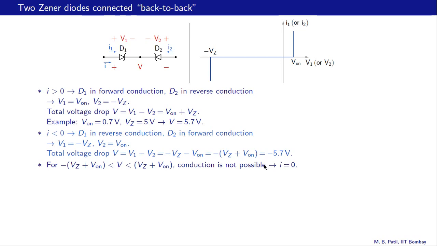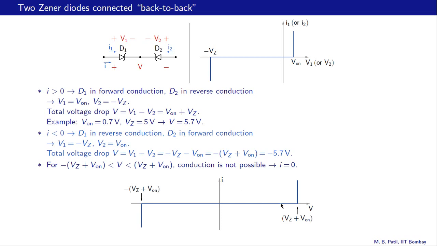And for any voltage between these two limits, that is 5.7 and minus 5.7 volts, no conduction is possible, and therefore the current is 0. So putting all of this together, we get the I versus V relationship for this entire combination as follows.